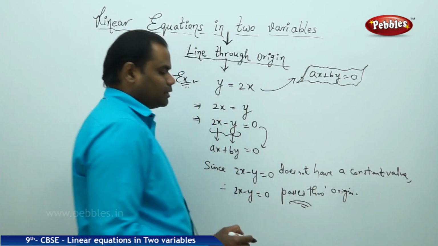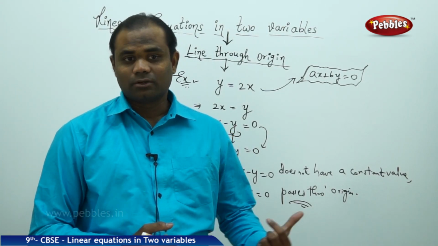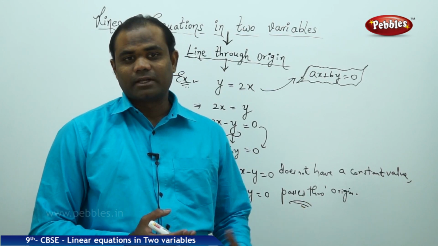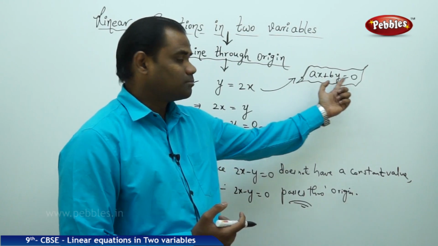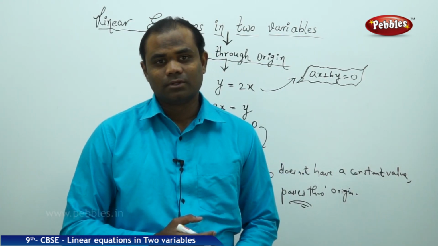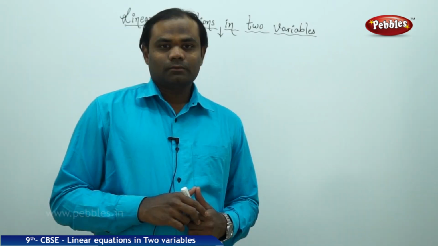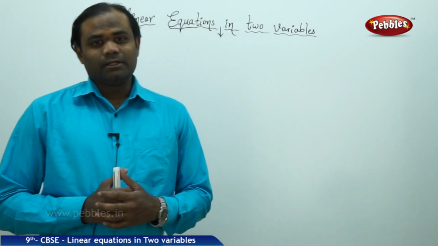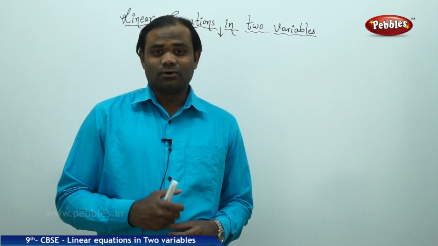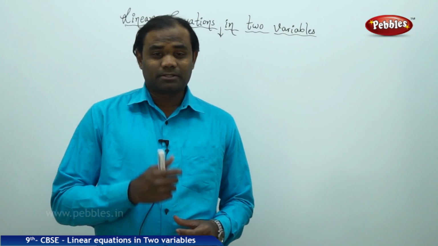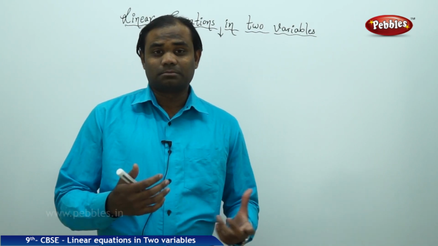It should be a line which passes through the origin in the xy coordinate system. A straight line passing through origin is represented by ax plus by equal to 0. See, the constant vanishes. Now that we have seen the linear polynomial y is equal to kx, which has its own graphical properties passing through origin, now let's see one example problem to understand the concept more strongly.